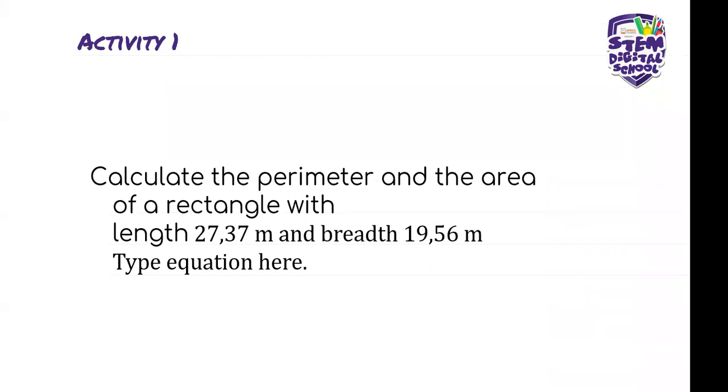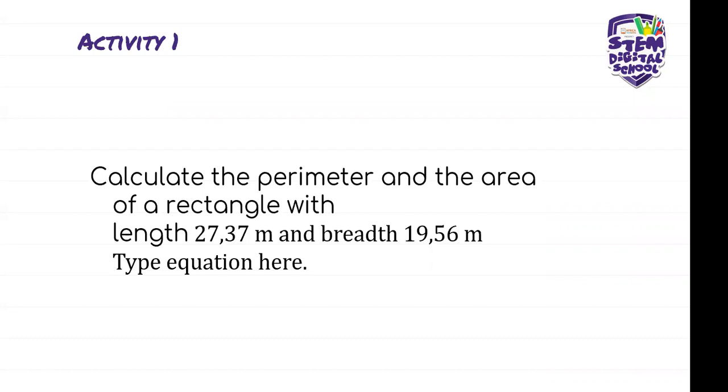Now, today I want us to just focus on the revision exercise where we are going to calculate the perimeter of a rectangle. We are told that the length of the rectangle is 27.3 meters and the breadth is 19.56 meters.